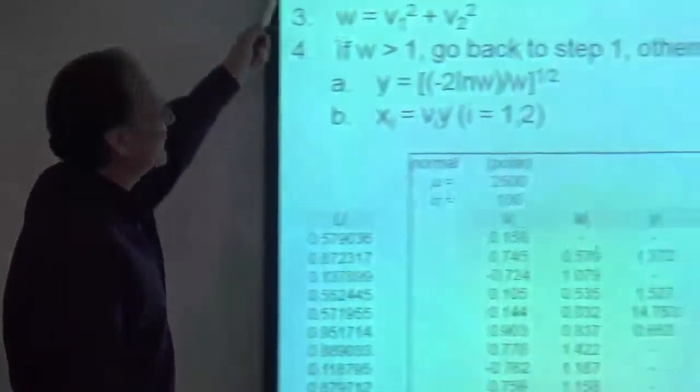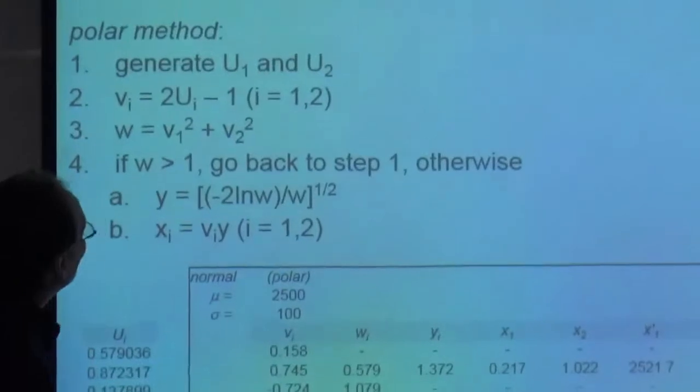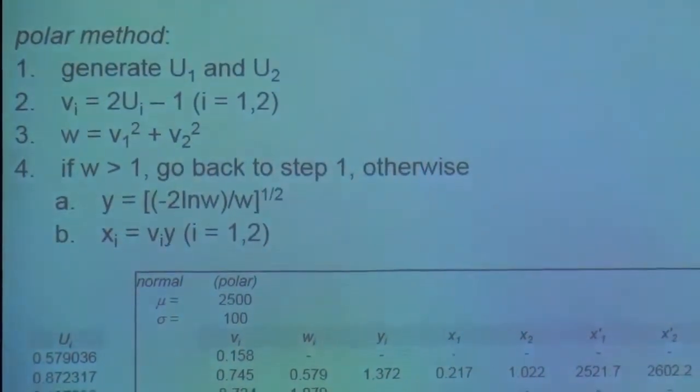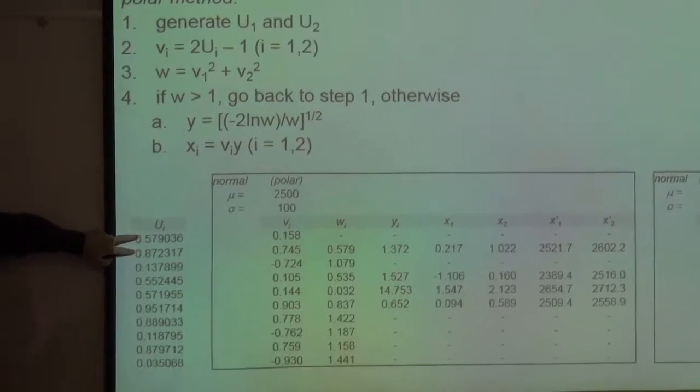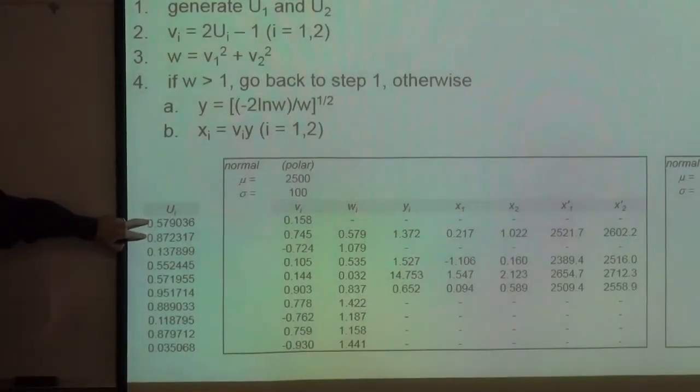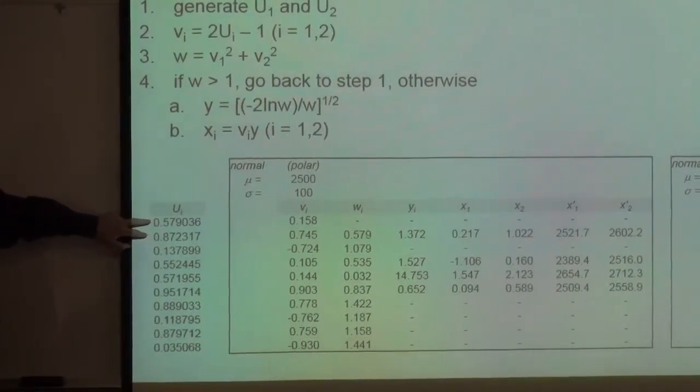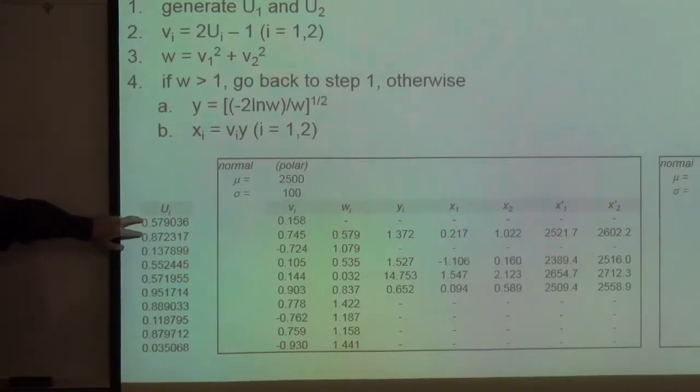Okay, so let's take a look at an example, because I'm sure that's crystal clear. All right. So the first thing I do is I generate my u sub 1 and u sub 2. So in this case, I'm looking at these two right here. That's my first uniformly distributed random number.